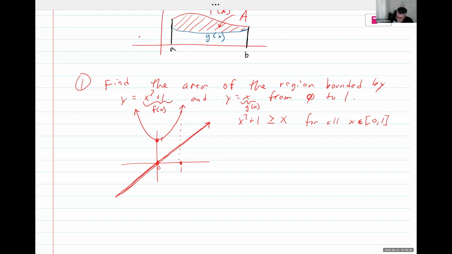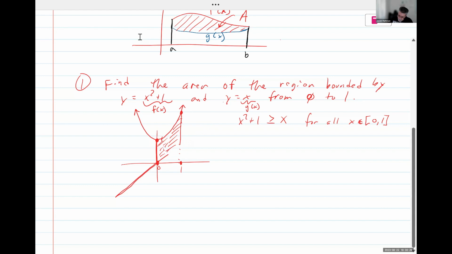And so what's the region that I want? The region that I want is this region here. So it's going to be f of x minus g of x. So we want the area between that. What are we basically doing in finding this area?